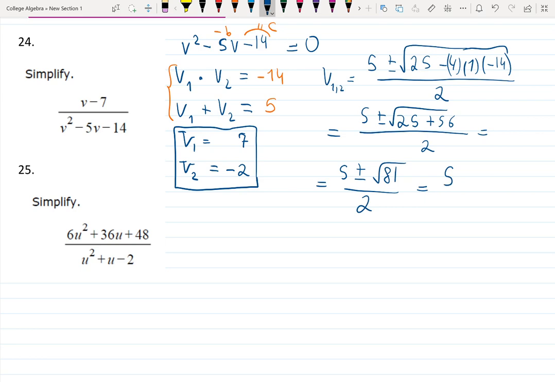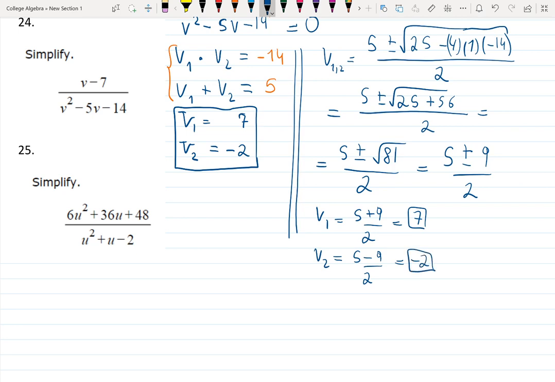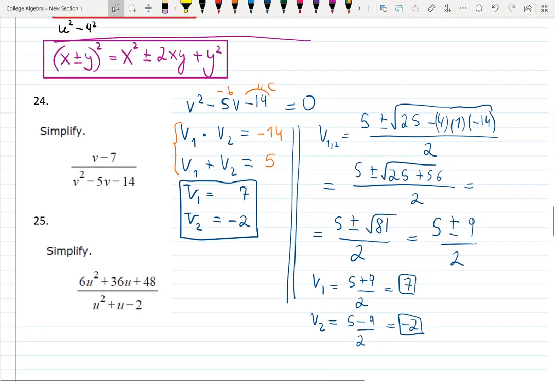The square root of 81 is 9. So I will have two roots. One root is 5 plus 9 over 2, that's 14 over 2, that's 7. And the other root is 5 minus 9 over 2, that's negative 4 over 2, that's negative 2. And that's exactly the same answer I got, but a little bit slower. So if you can figure out the easier way, like the way I did, that would be much better.